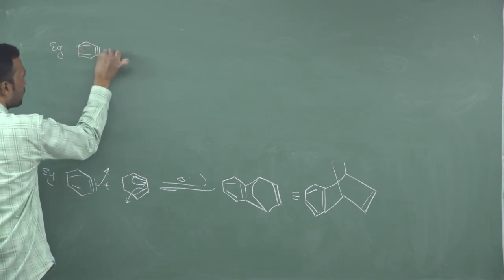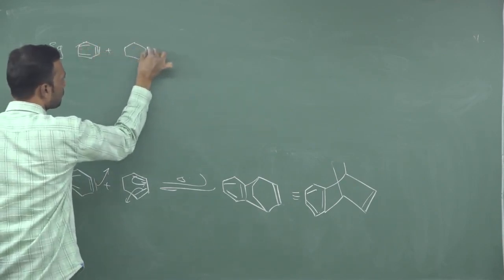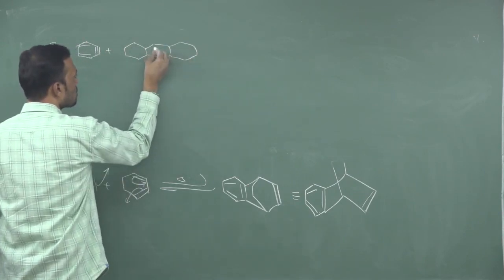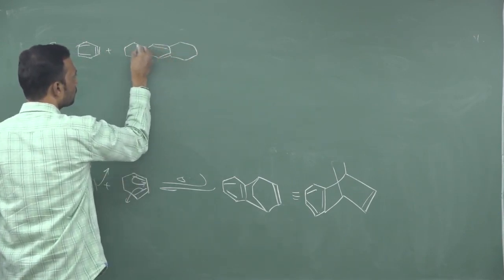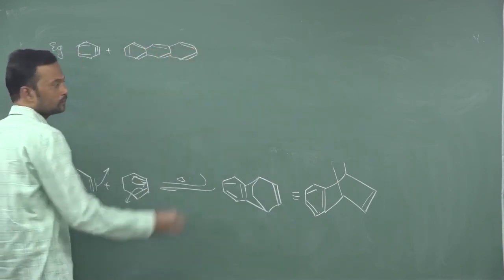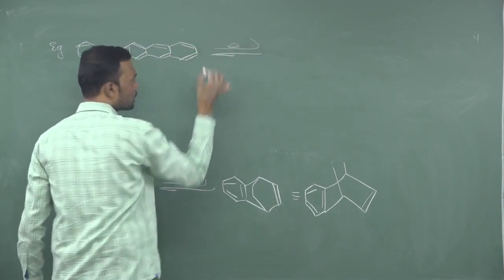See, this is benzene. Benzene is combined with double bond, next double bond, and here double bond. Anthracene. So what is the Diels-Alder product in this one?